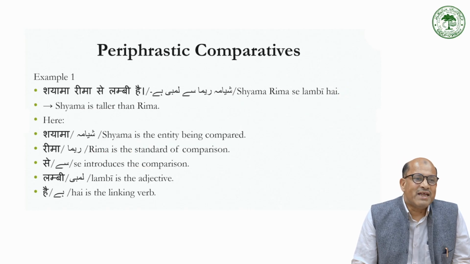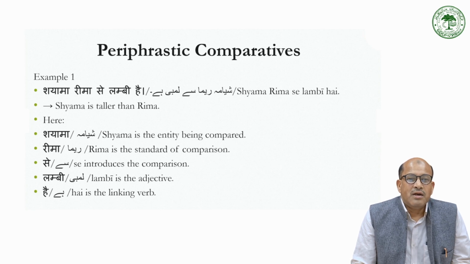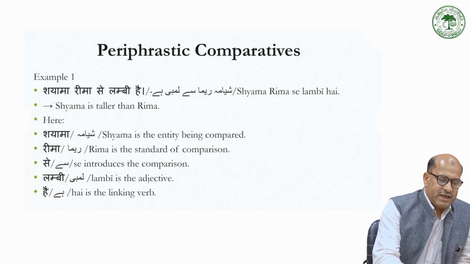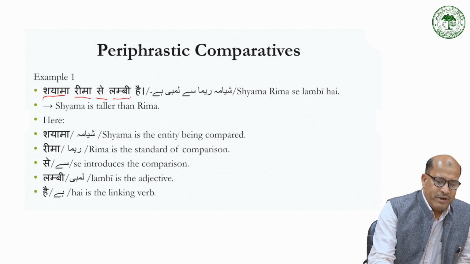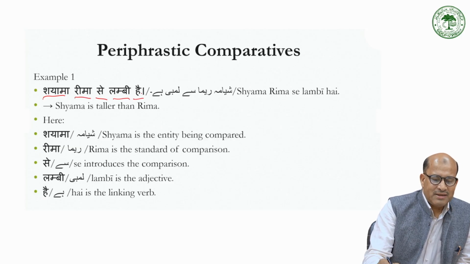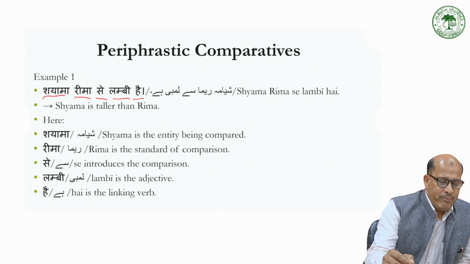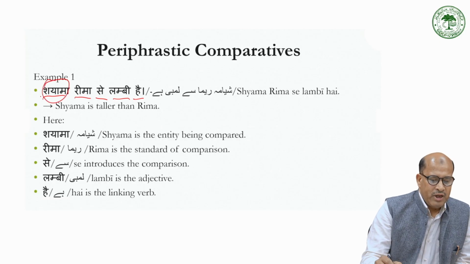So if you look at this example, Syama Rima se lambi hai. Syama is taller than Rima. So Syama is the entity being compared here.